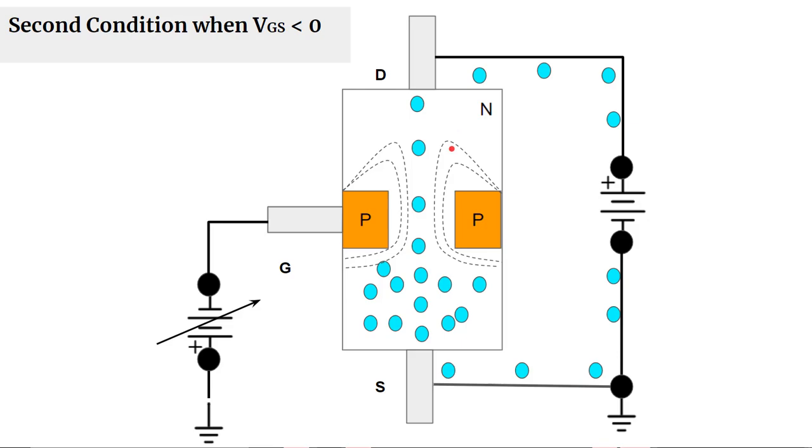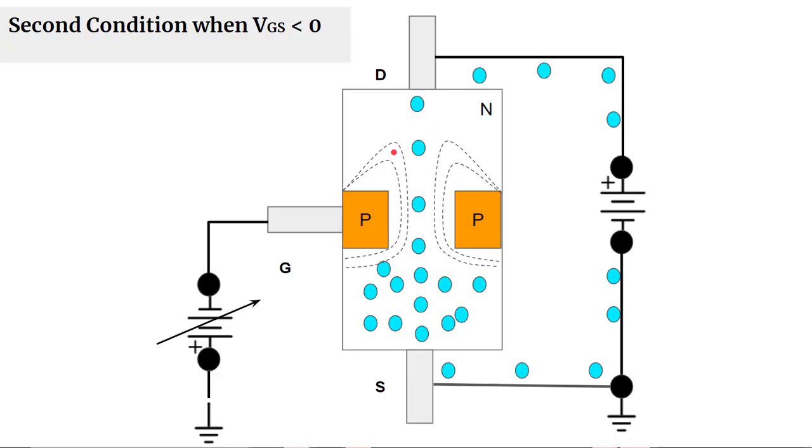A point will be reached when the junction on the left side and the junction on the right side become so close to each other, but they will not contact each other because of the electric fields. Because of the electric fields, they are still repelling each other.